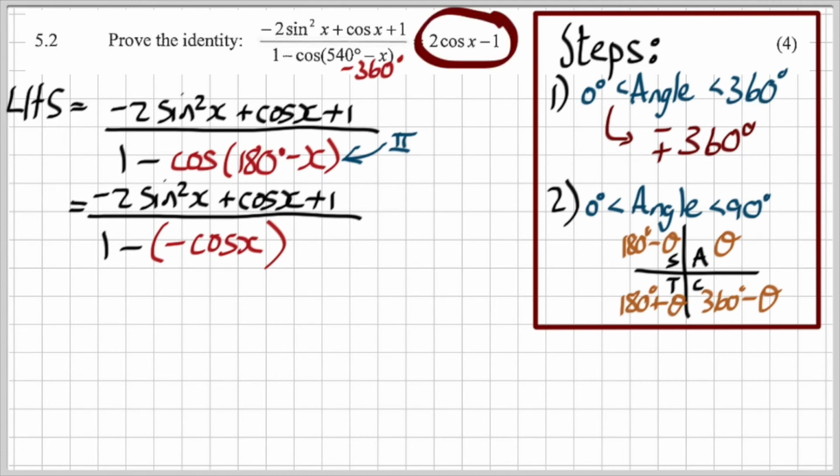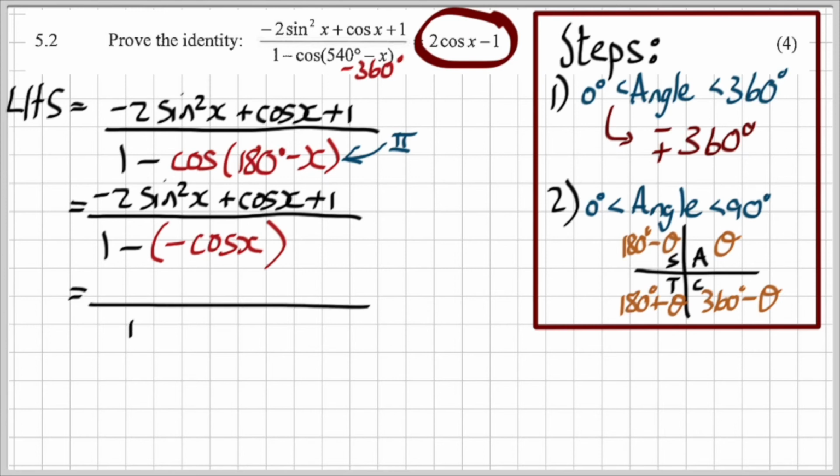So I now, at this moment, start becoming obsessed about where I am wanting to go. Once my angles are between 0 and 90, I know I've got to focus on where I want to go. I want to get just cos x in my answer.